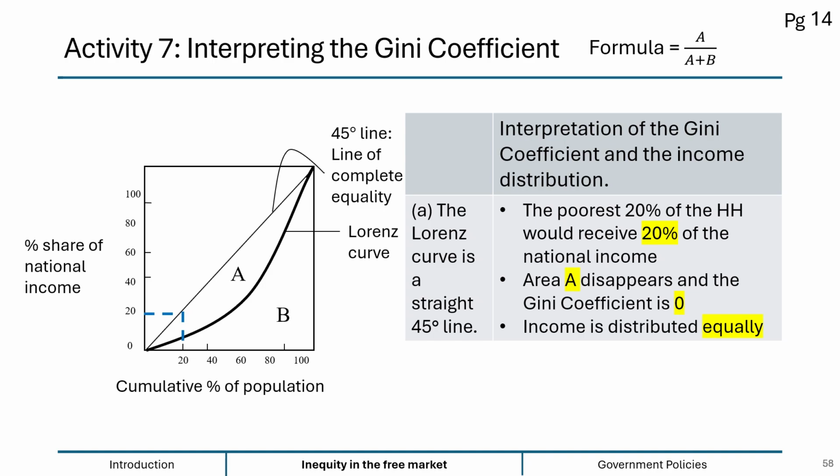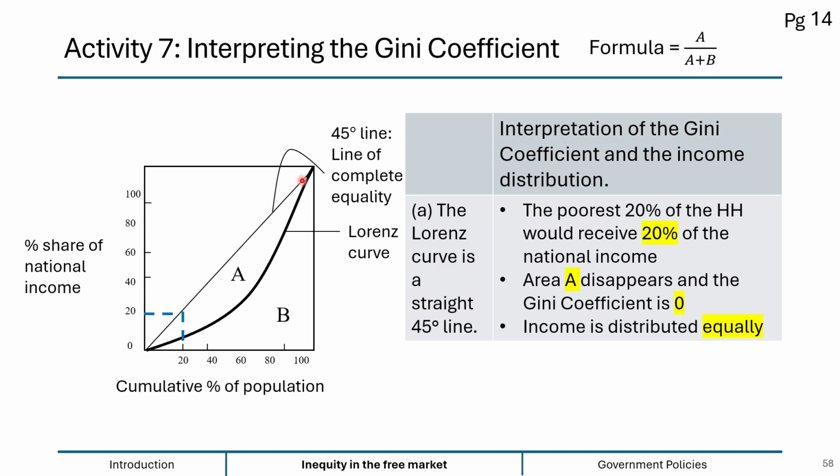If the Lorenz curve is a straight line, basically if the Lorenz curve is not the dotted line there, it overlaps with the 45-degree line. It would mean that if you see the dotted lines in blue, the poorest 20% of the households will receive 20% of the national income.